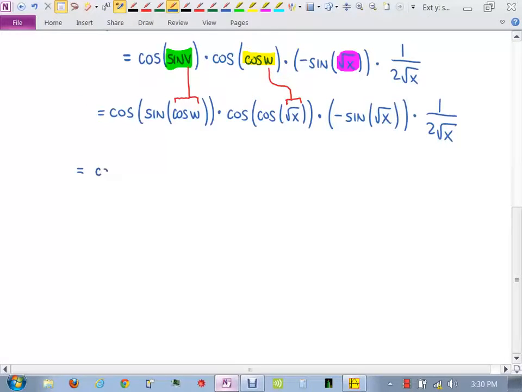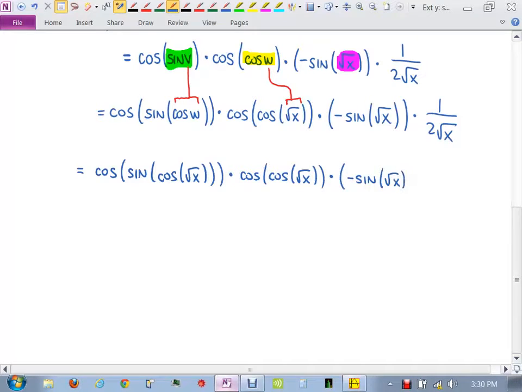So I have cosine of sine of cosine of root x, close, close, close, times cosine of root x, close, close, times negative sine of root x, close, close, times 1 over 2 root x. And that's it. We're there.